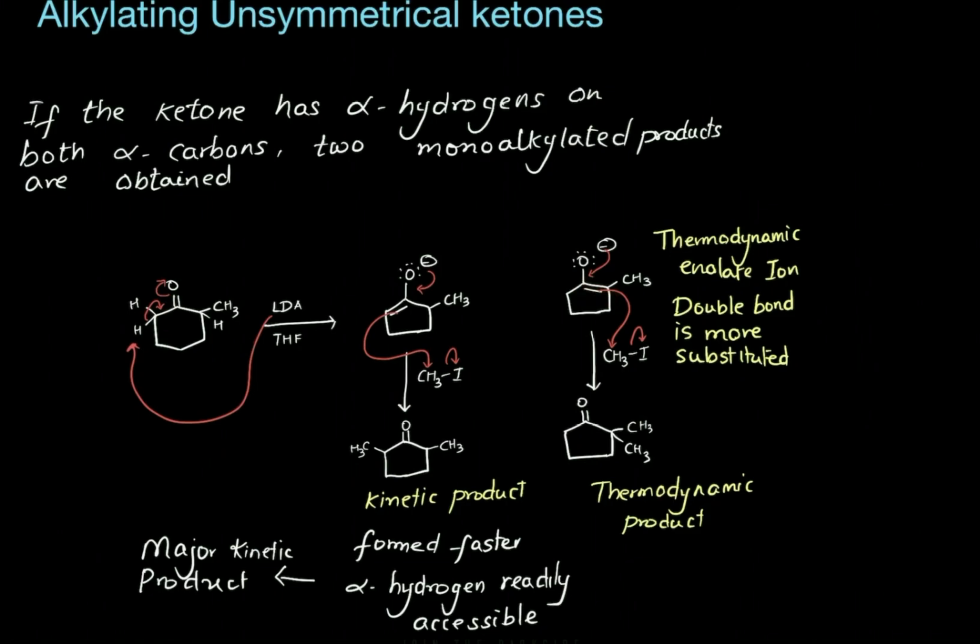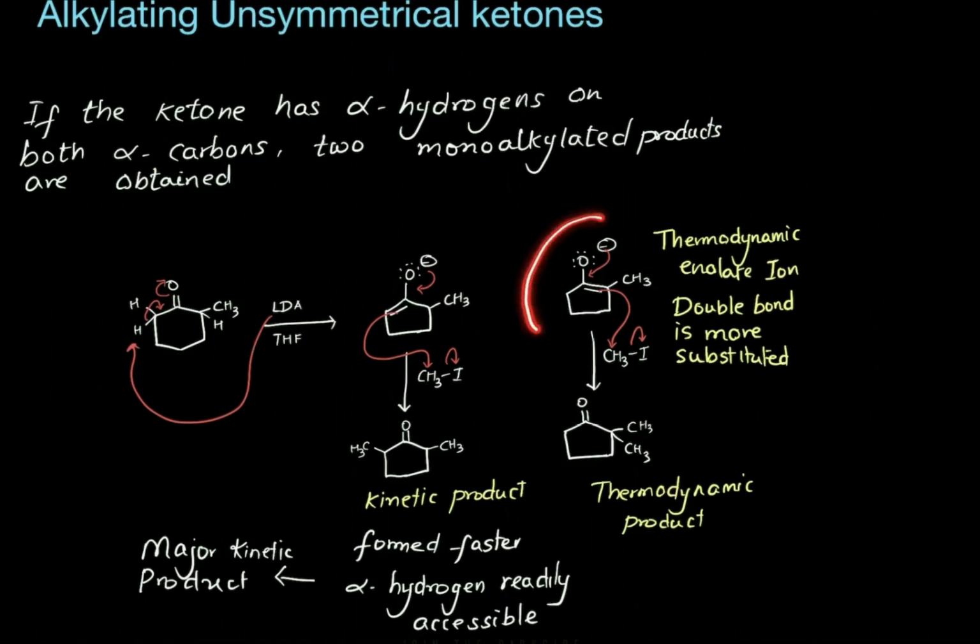According to the Zaitsev rule, this is the kind that has the most stability, because it's actually tetra substituted, and you probably studied in alkenes that a tetra substituted alkene is more stable than a tri substituted or a di substituted alkene.